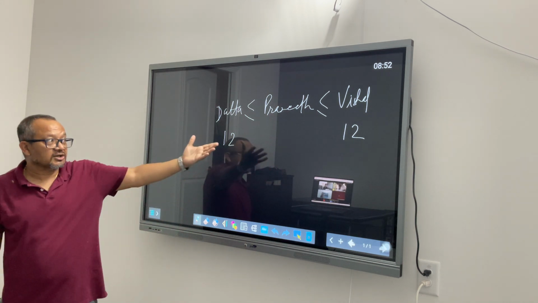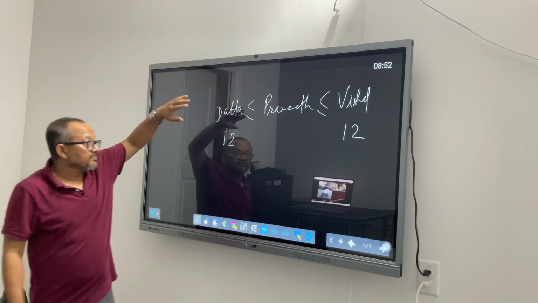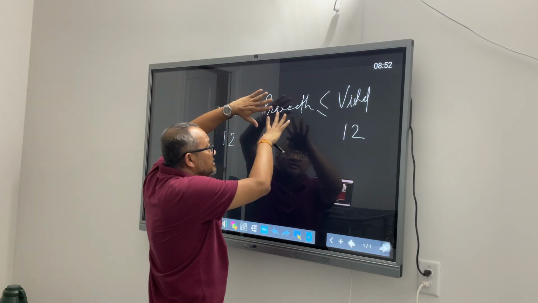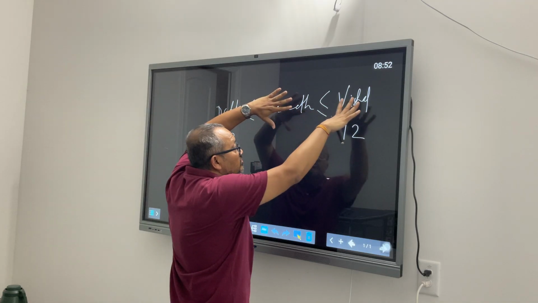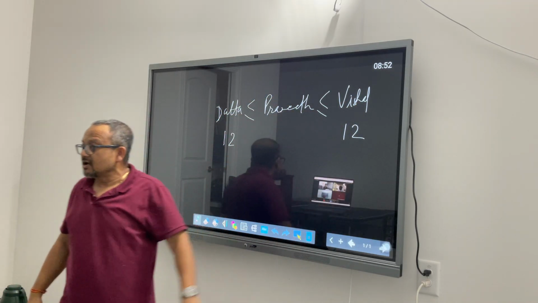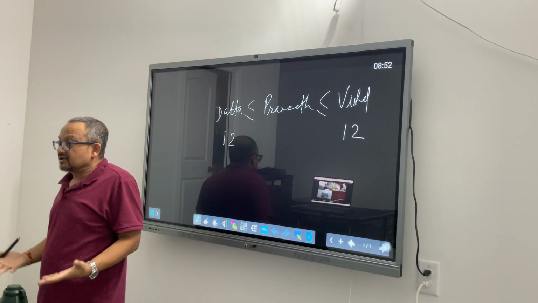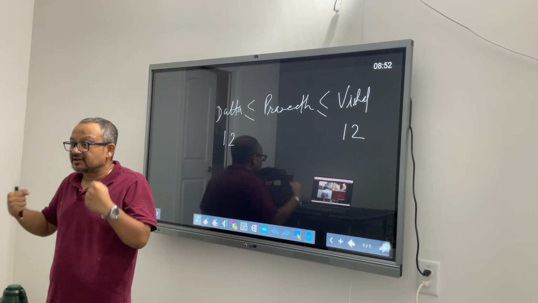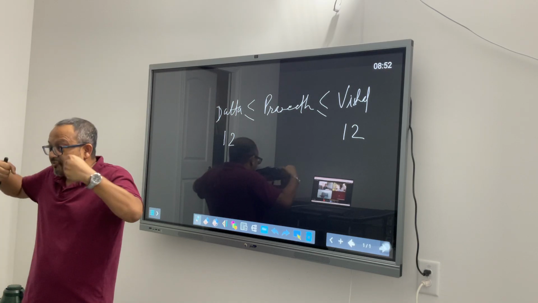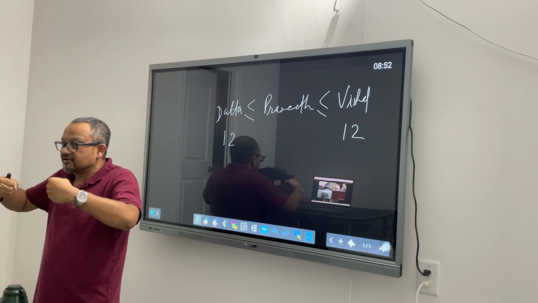Based on this condition, Praneeth's age is greater than or equal to Datta's age, and Praneeth's age is less than or equal to Vishal's age. If Datta and Vishal both are 12 years old, Praneeth doesn't have a choice. He is sandwiched between Datta and Vishal. He is actually squeezed between these two friends.